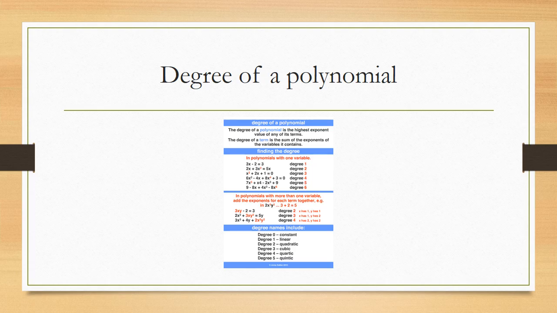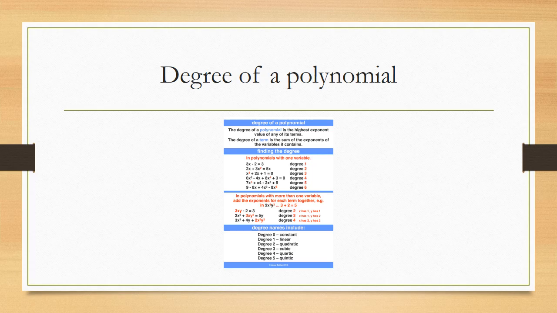Similarly, 3x cube plus 4y plus 2x square y square has the degree 4, as x has 2 and y has 2. So, if the degree is 0, we call it a constant.